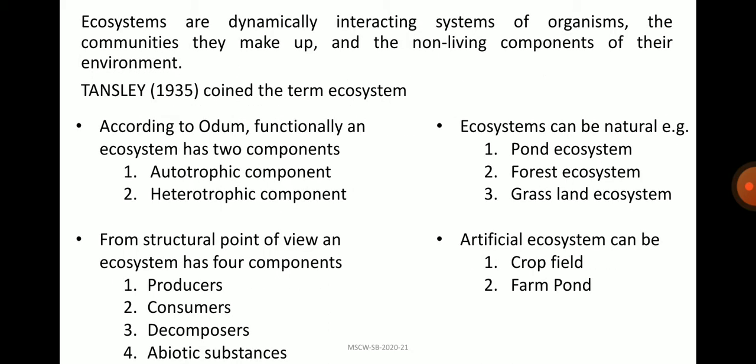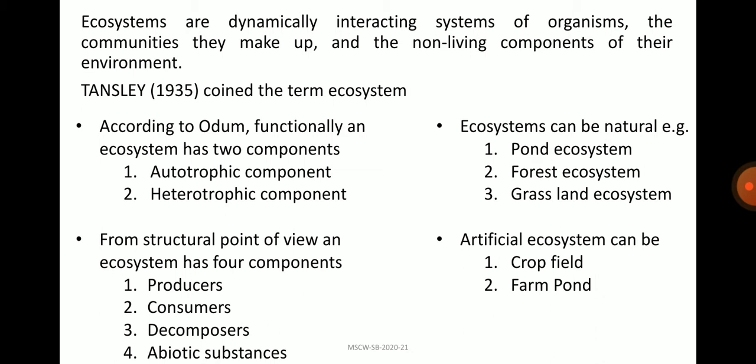Let's move to the definition and types of ecosystems. Ecosystems are dynamically interacting systems of organisms, the communities they make up, and the non-living components of their environment. The term ecosystem was first coined by Tansley in the year 1935.